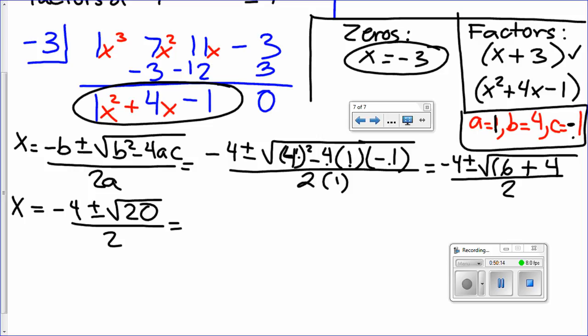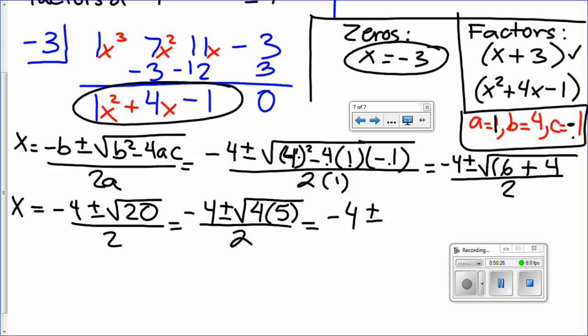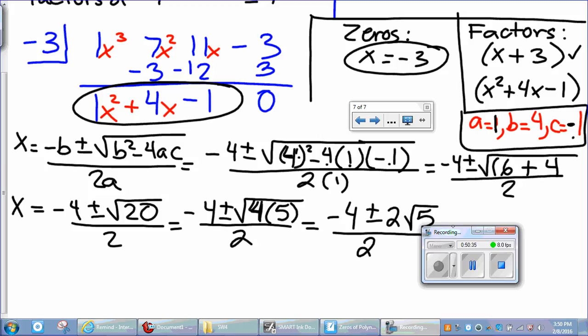Now what I'm going to do here is take two factors of 20, where one of them is a perfect square, so those will be 4 times 5. And I want to do that because I would like to take the square root of 4 here. Square root of 4 is 2. And everything is divided by 2.